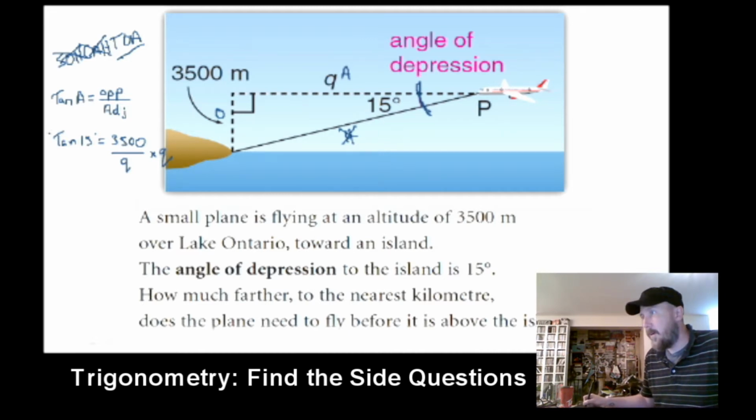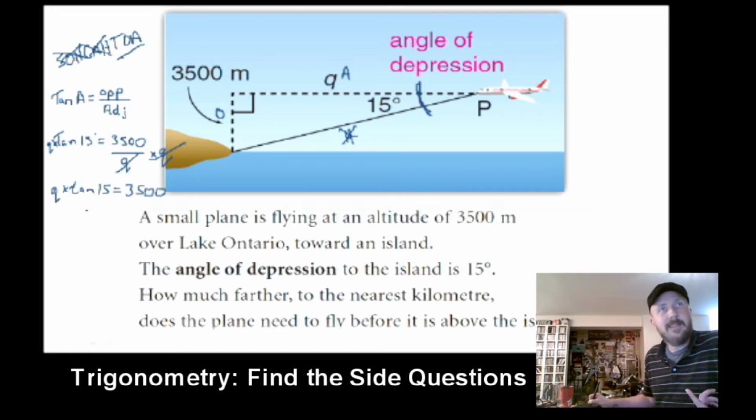Oh, I'm getting too far over here. Times by Q. And these Q's would go away, and I would have Q times tan 15 is equal to 350.